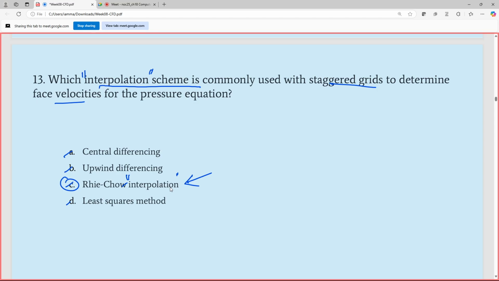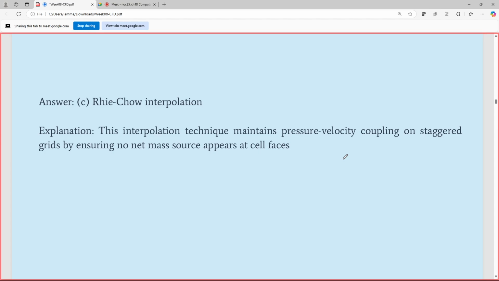This Rhie-Chow interpolation is used in pressure velocity coupling to avoid the checkerboarding pattern.